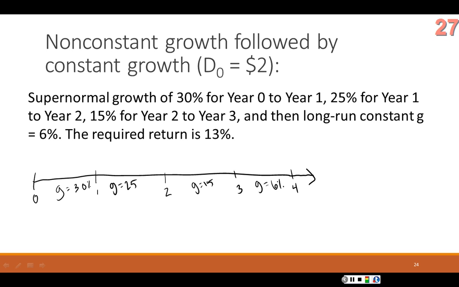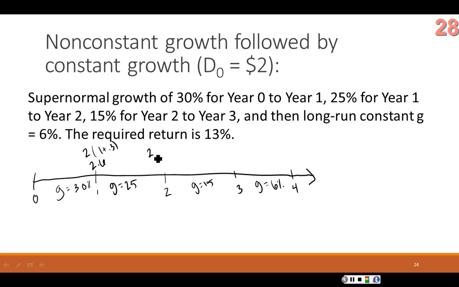So our dividend at time period 1 is equal to our $2 dividend, D0, times 1 plus the growth rate of 30%, to give us $2.60. From time period 1 to 2, we anticipate the growth rate to be 25%.